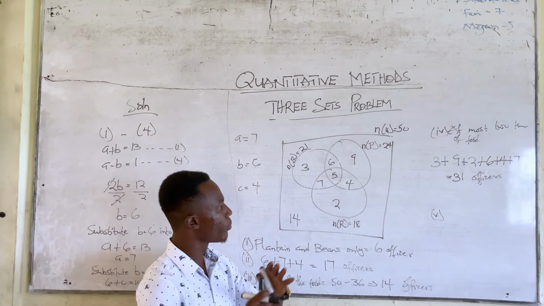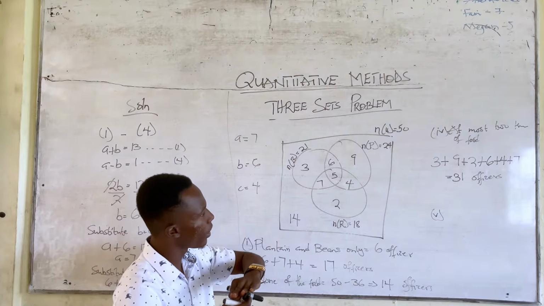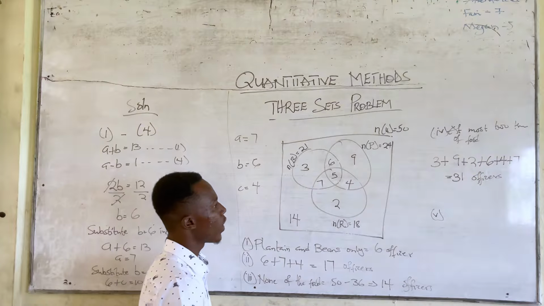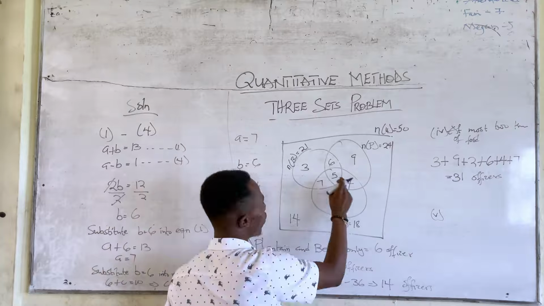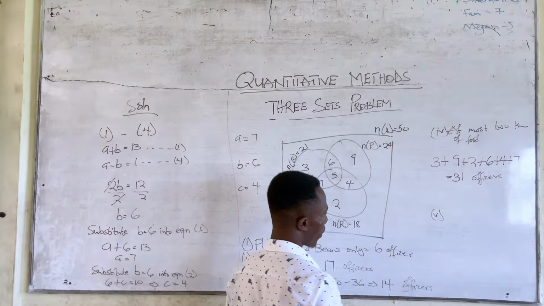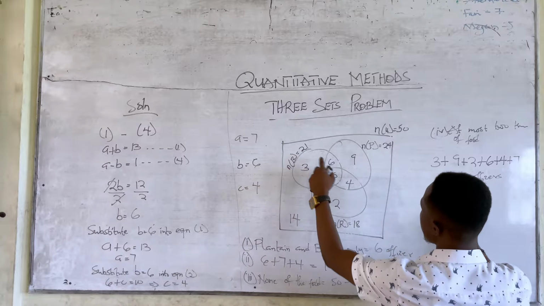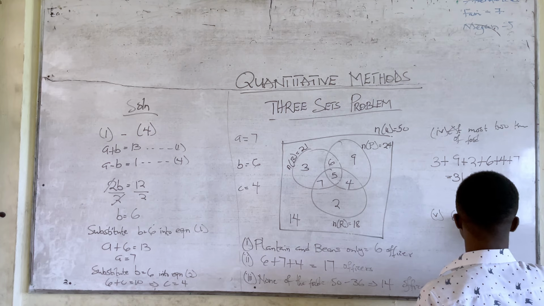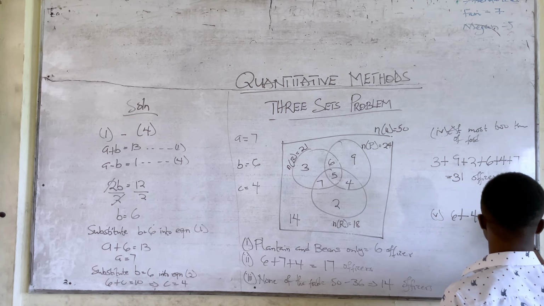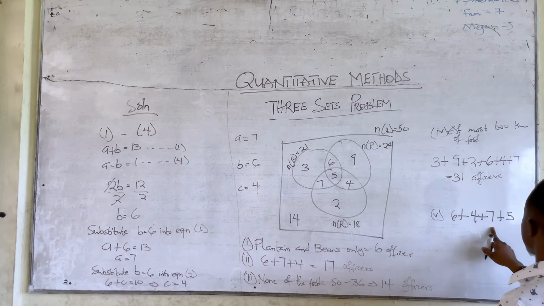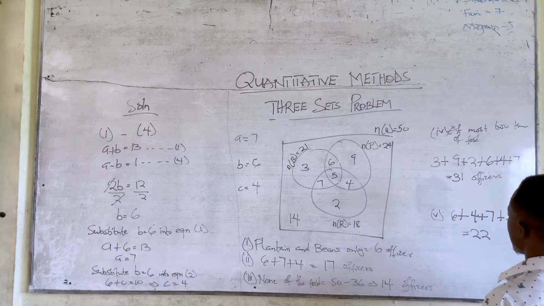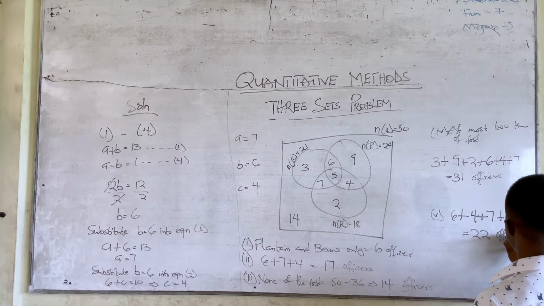So the two people and the three people, we are going to add them to get our final answer. So at least two. We need two, two, two, and a three. Okay, no one. So the two we have 6 plus 4 plus 7 plus 5. And so 10, 17, 22. Okay, yes. So this is our final answer.